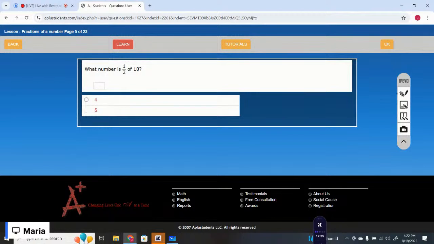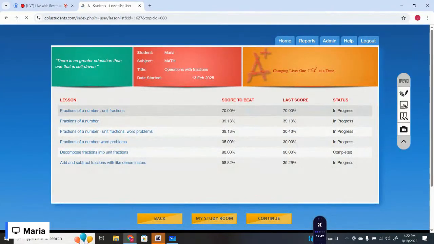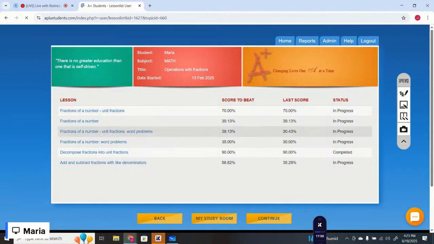The correct option is 5. Okay, you can complete the lesson by yourself later today. Let me just move on to the next lesson. That is fractions of a number, unit fractions, word problems.